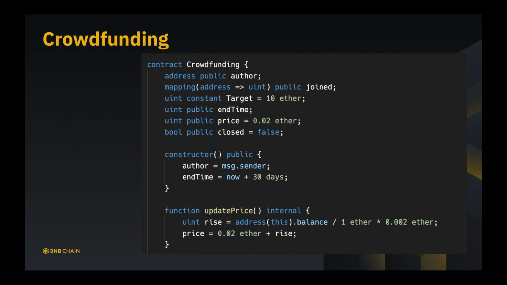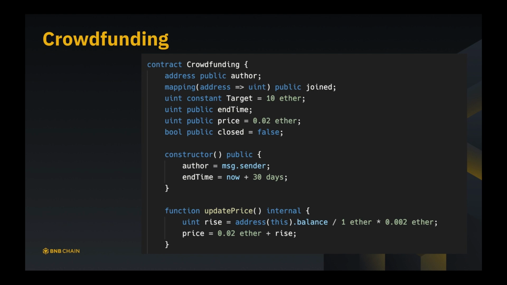So we have an end time, we have a price, and we have a closed flag. Closed means whether the crowdfunding has finished. First, the constructor: we just say author is msg.sender, and then we say end time is now plus 30 days. That's a fixed period of time, like a month of crowdfunding.